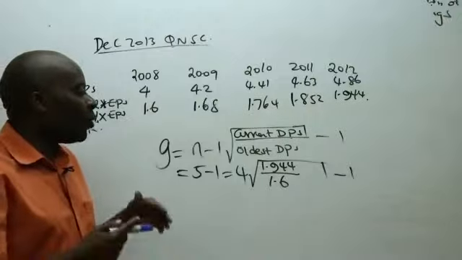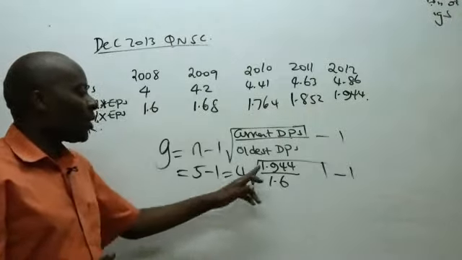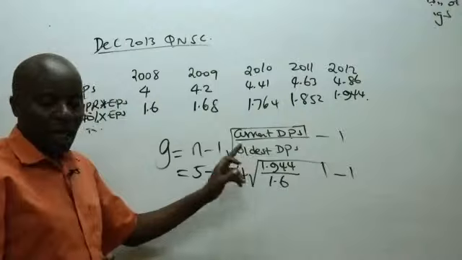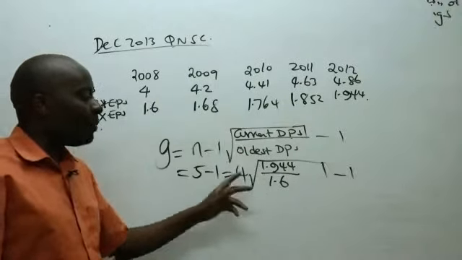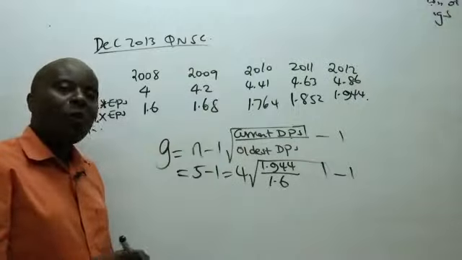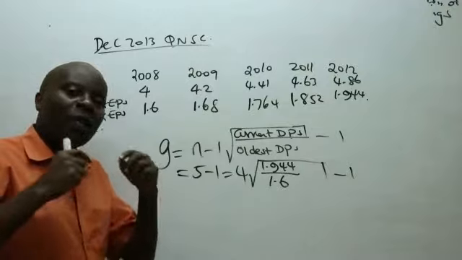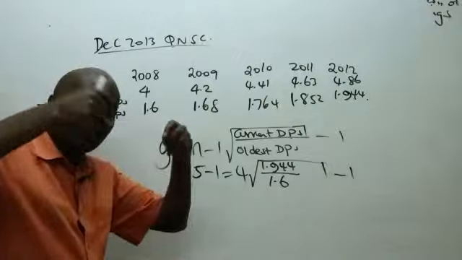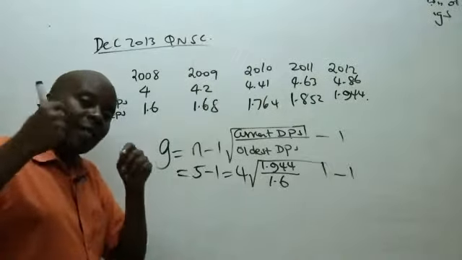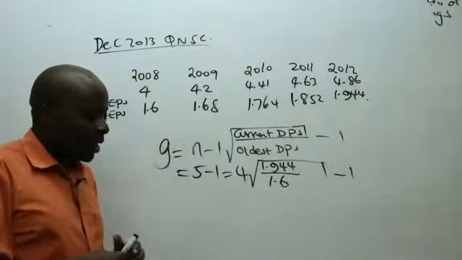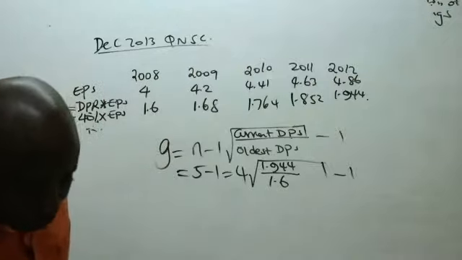First of all, I'll get this quotient: I will punch in 1.944 divided by 1.6, and whatever I get, I will find its fourth root.